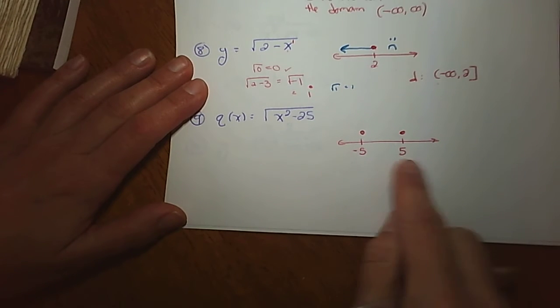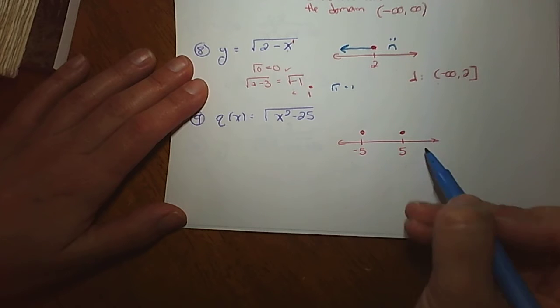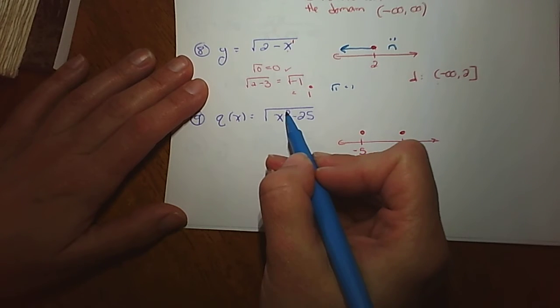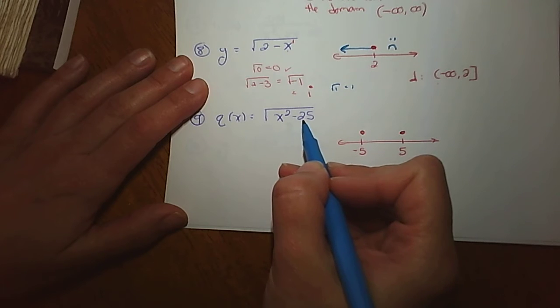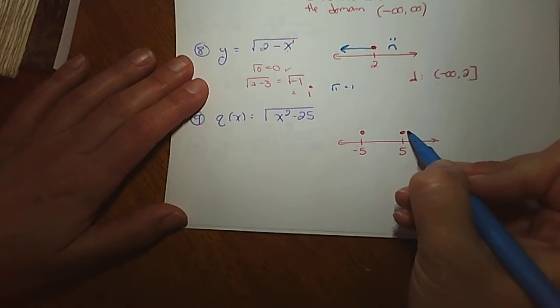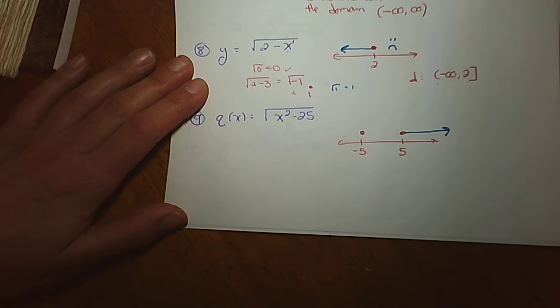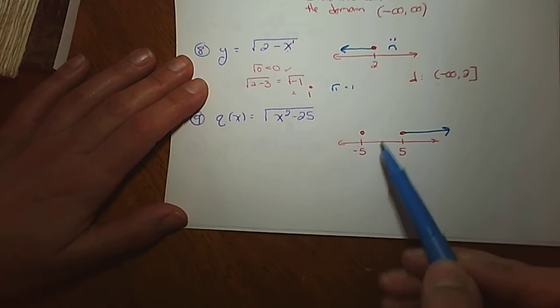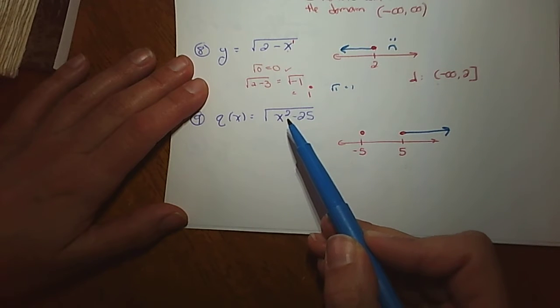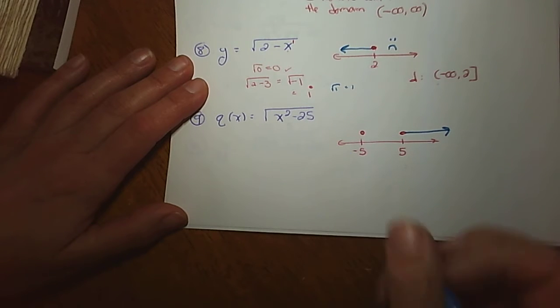And now I'm going to test around the numbers. Plug in 6. 6 squared is 36. 36 minus 25 makes +11. That's good. So we'll draw an arrow up. All right, plug in a number between these two. How about 0? 0 minus 25 is -25.